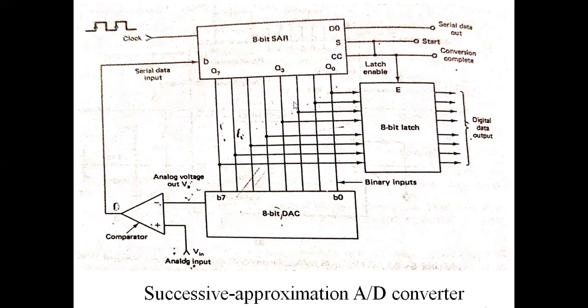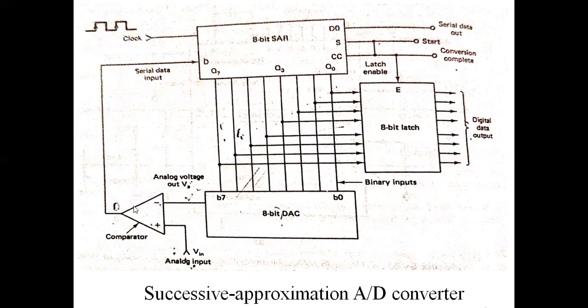This is the main diagram of the successive approximation analog to digital converter, where we initially apply the pulse to the 8-bit SAR. The main blocks are the 8-bit SAR and the 8-bit digital to analog converter. The analog voltage output is usually denoted by VA, and the analog input is represented by Vin.